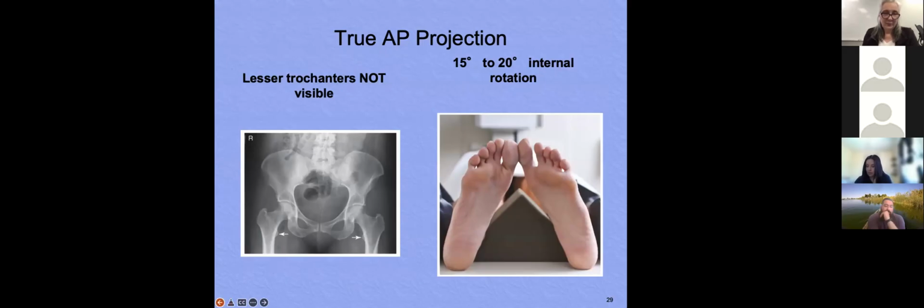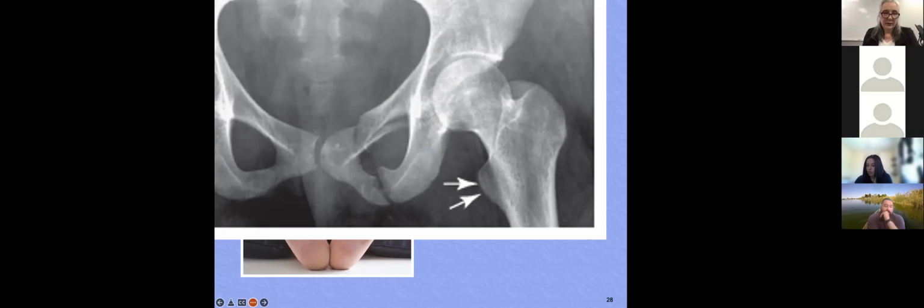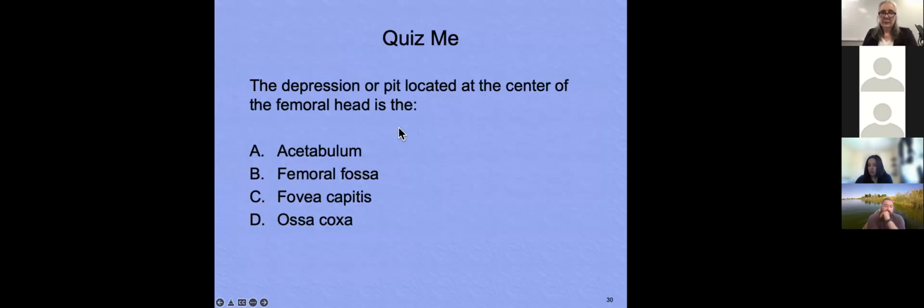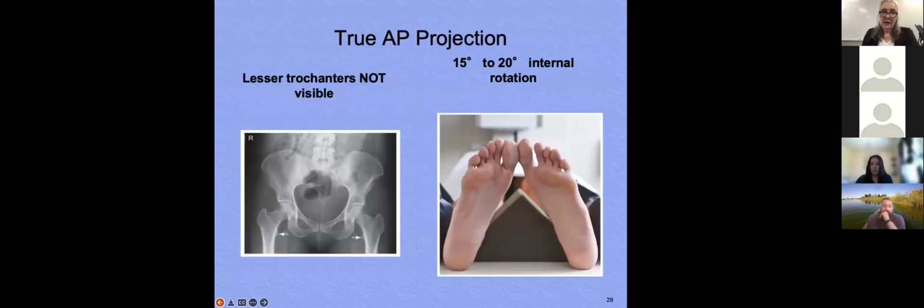Okay. Where are we? Right here. So go to the next one. Okay, here is how an AP hip or an AP pelvis needs to be positioned. And this is the correct amount.